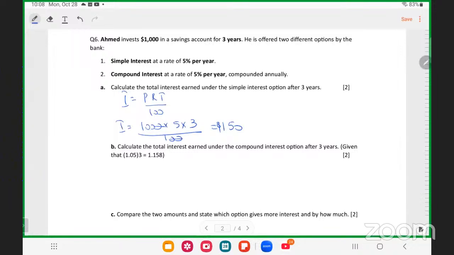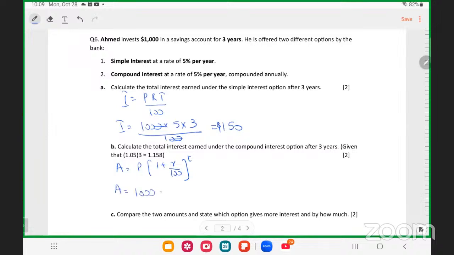Calculate the total interest earned under the compound interest option after 3 years. So for compound interest, we will apply the formula. Amount is P 1 plus R upon 100 power T. Since compounded annually, we can use this formula.